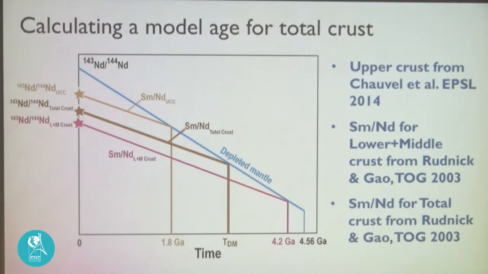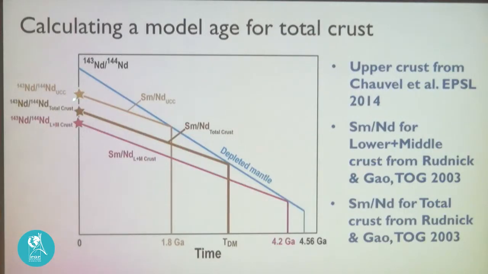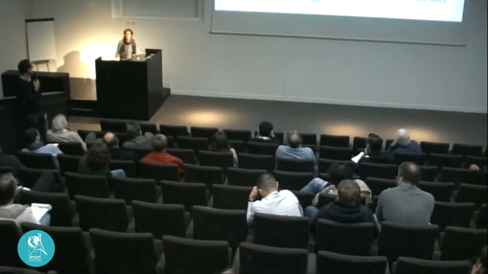It's a point there. And what we don't know is this line and this point. But this is not a single event that created it from a unique reservoir. It's a lot of reworked material as well. But on average, it's 1.8, which means that half of the upper crust is older, half of the upper crust is younger.